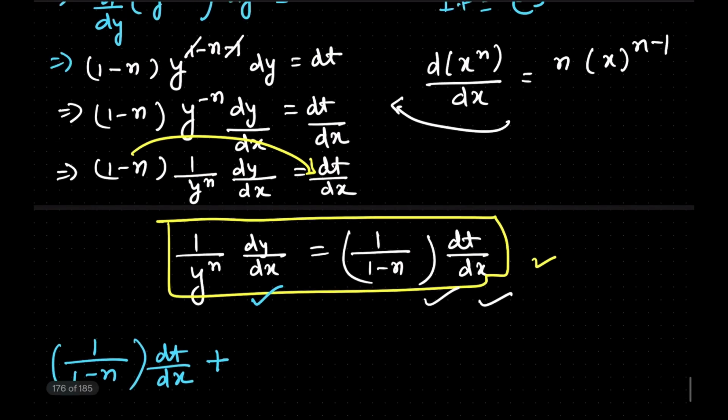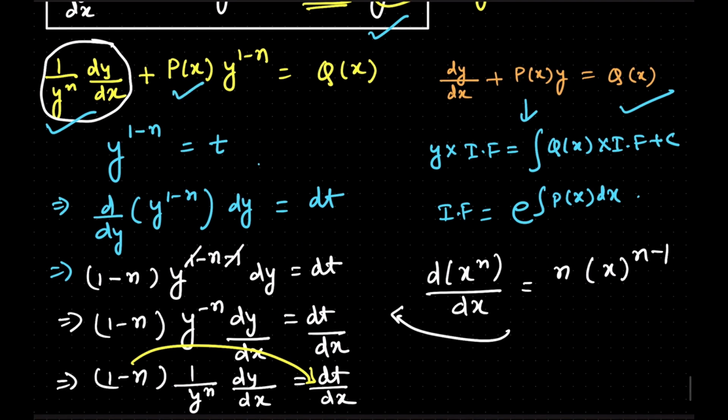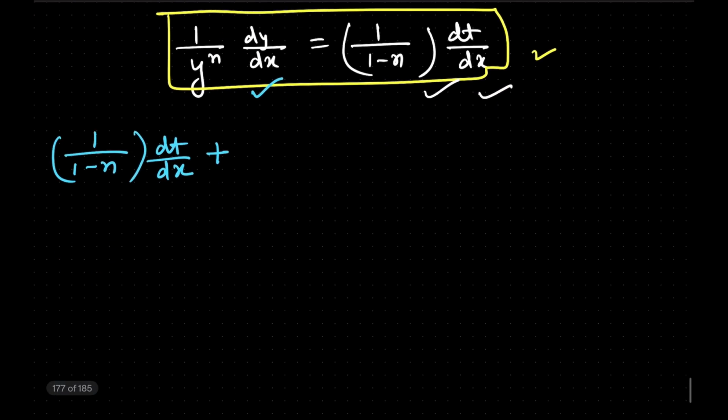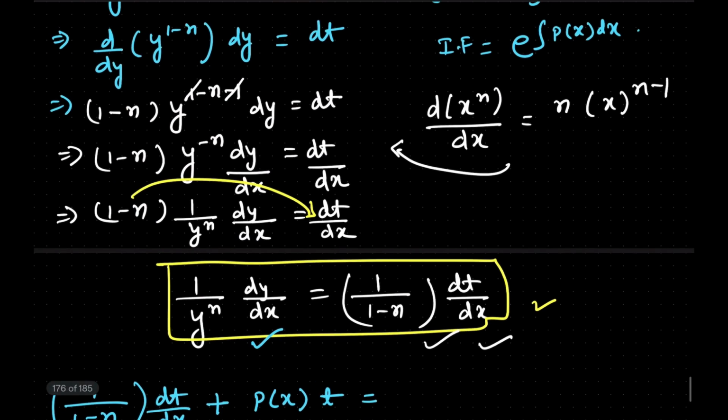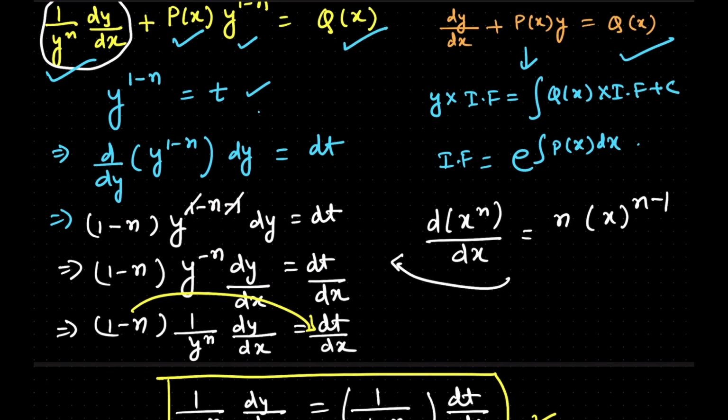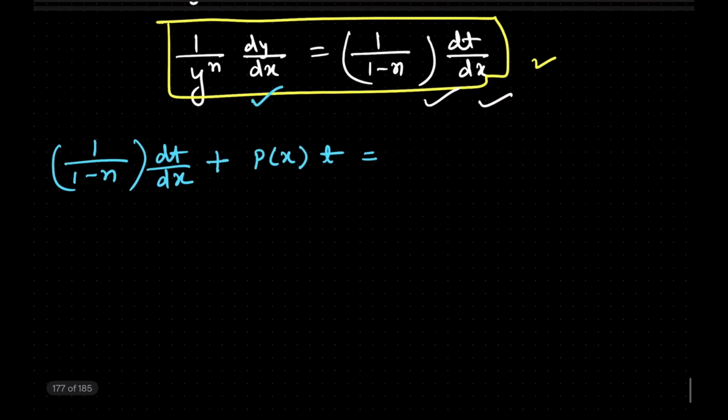Then the second term is p(x), and in place of y to the power of 1 minus n, you can write t. So p as a function of x into t, and the last term was q(x).